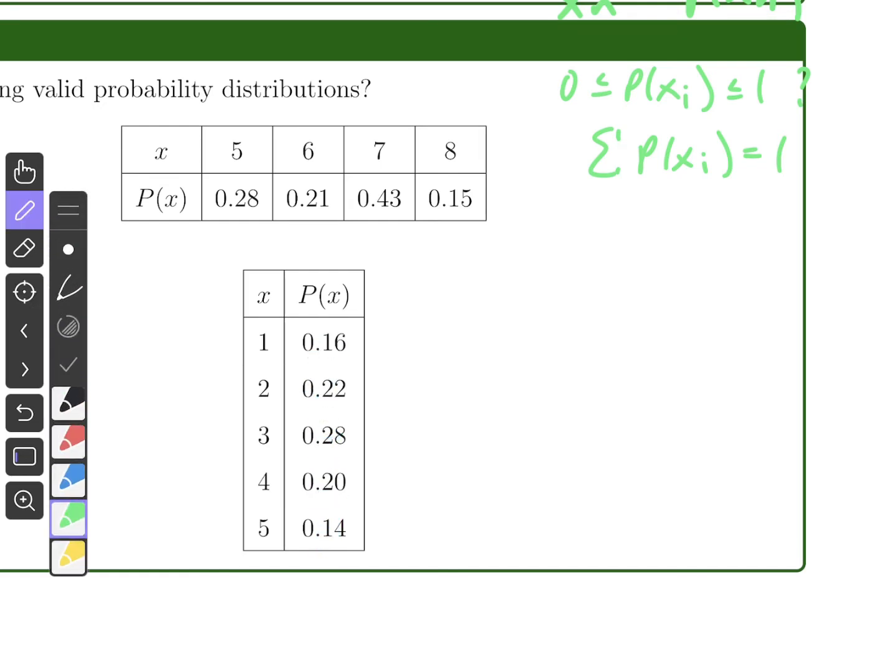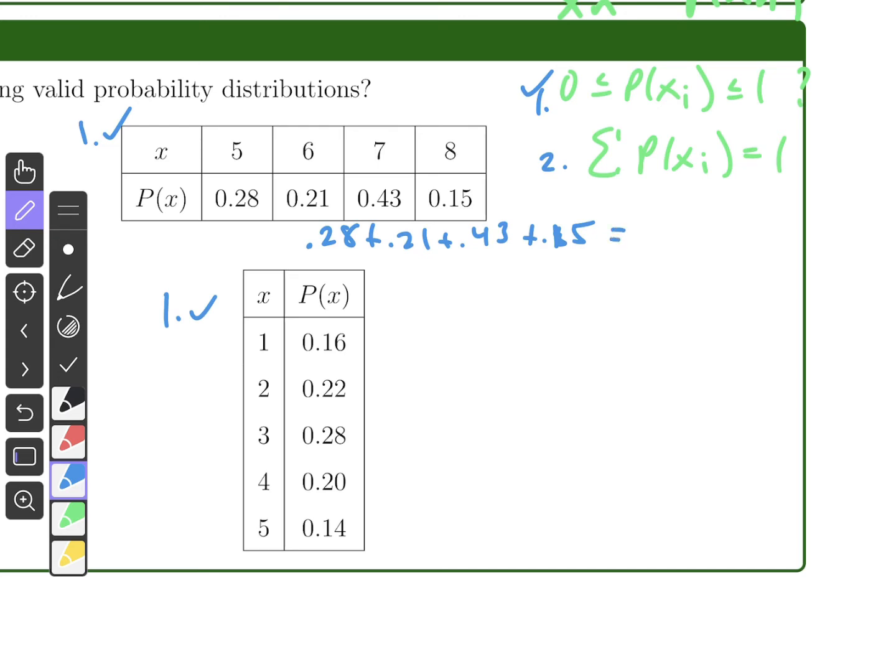So in both cases, we have satisfied the first condition. Okay, so I'm actually going to label this 1 and 2. And so far, check on 1, check on 1. The next thing is, does the sum add up to 1? So we're checking condition 2. So what you could do is just on your calculator, add up the probabilities.